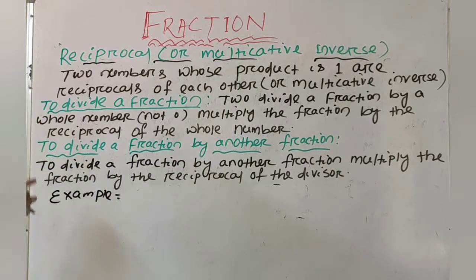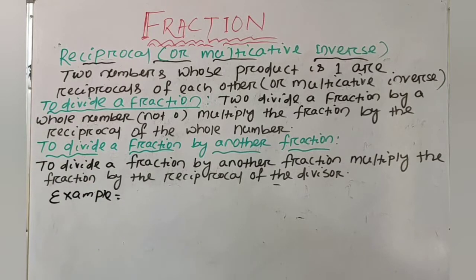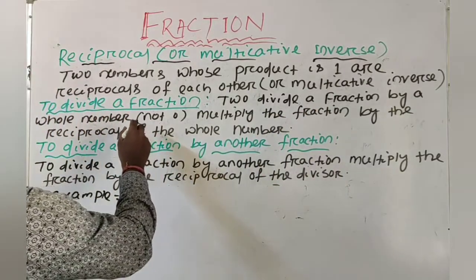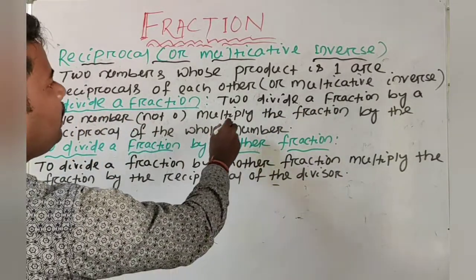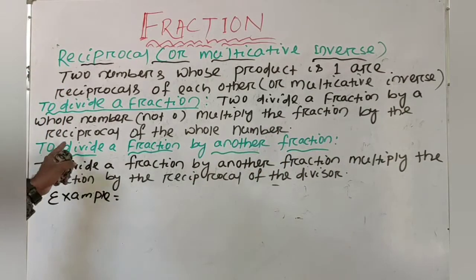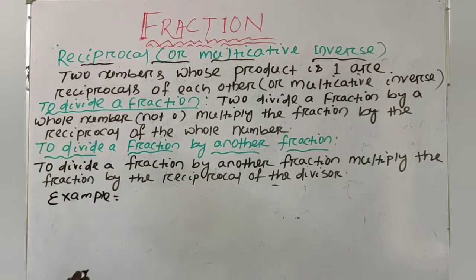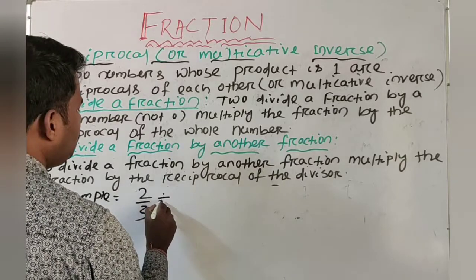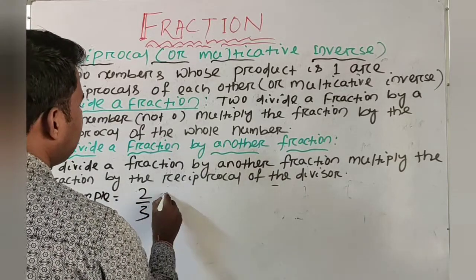Then we will learn how to divide a fraction. To divide a fraction by a whole number other than 0, multiply the fraction by the reciprocal of the whole number. So 2 by 3, how do we divide by 5?